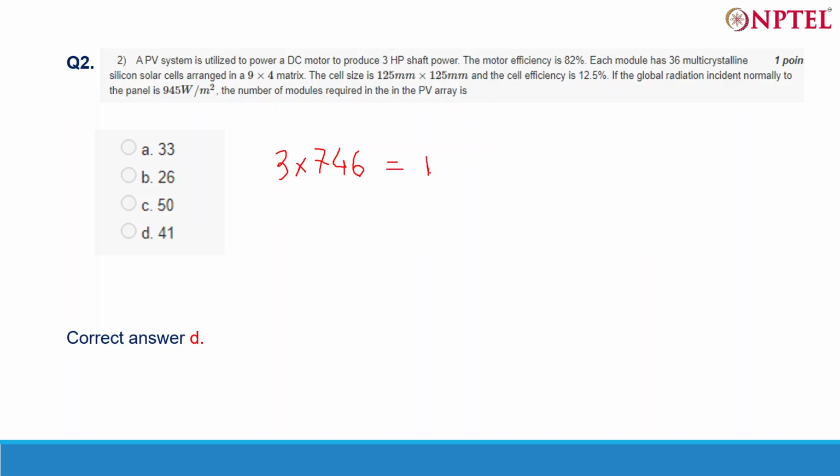The solar cell has an area of 0.125 square, with the given efficiency, number of cells equal to 36, number of modules equal to x, which needs to be calculated, times the motor efficiency of 0.82.